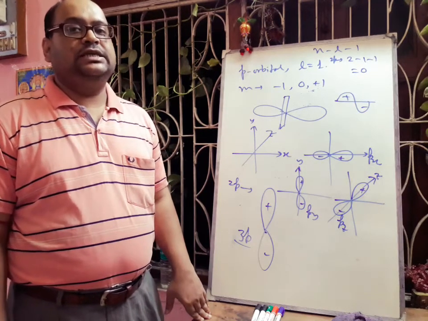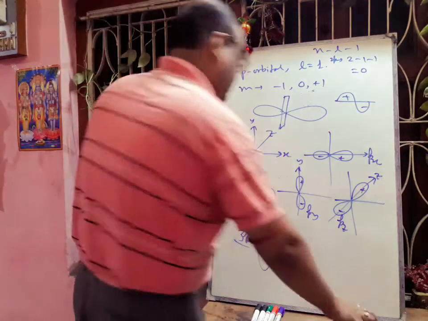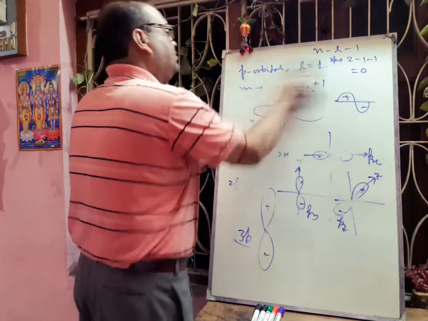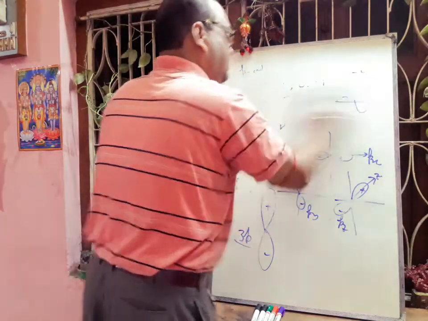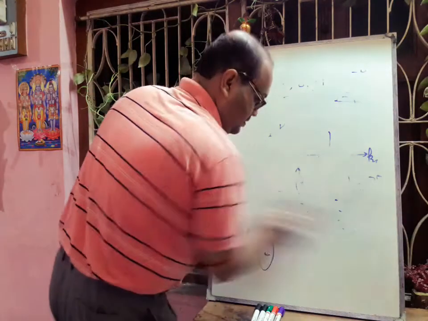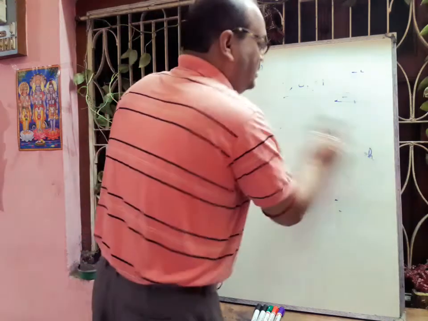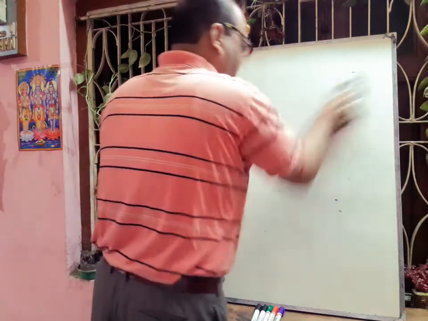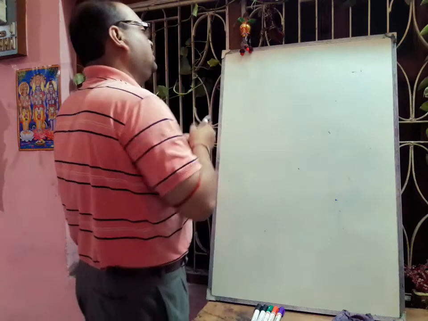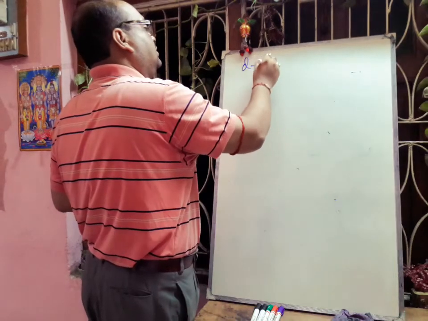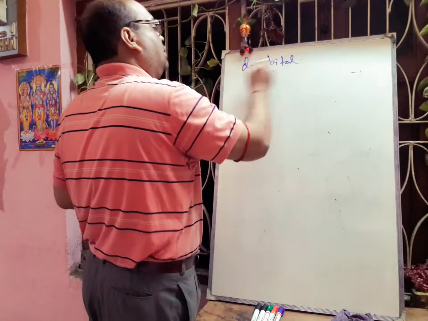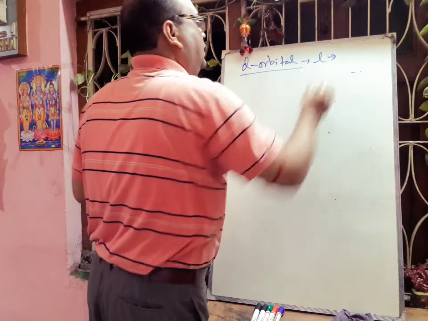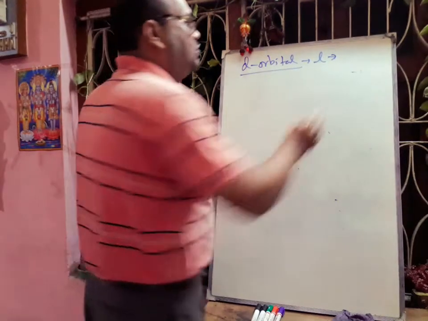Next we will discuss the d orbitals. In case of d orbital, what will be the value of l? The l value will be 2.